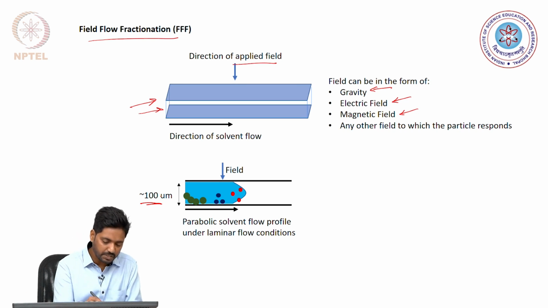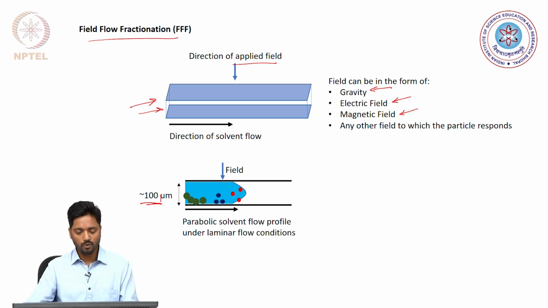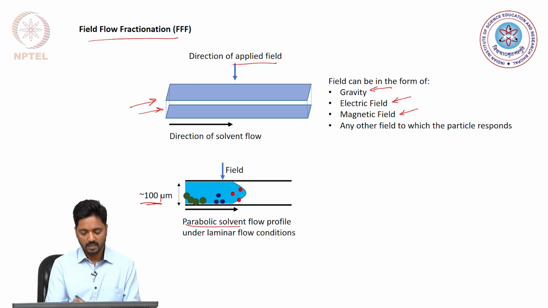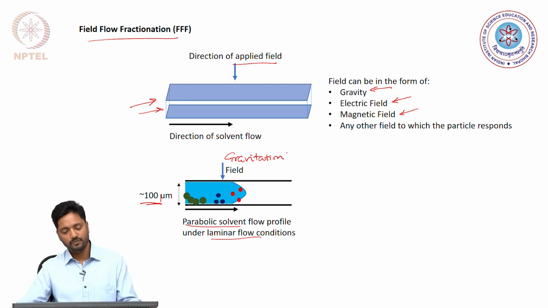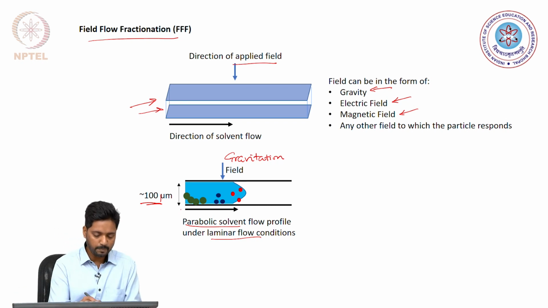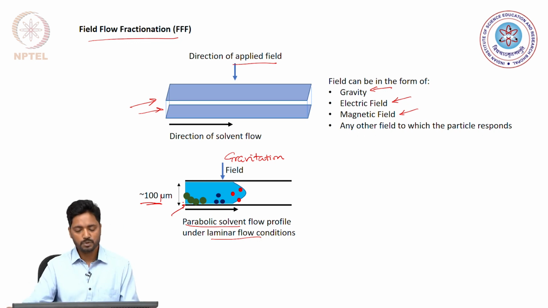So, under these conditions, the flow of the solvent follows a parabolic flow profile under the laminar flow conditions, and if the field is, say, a gravitational field, then we can see that the large particles respond most strongly to the gravitational field, and they will be sticking closer to the walls of this capillary.